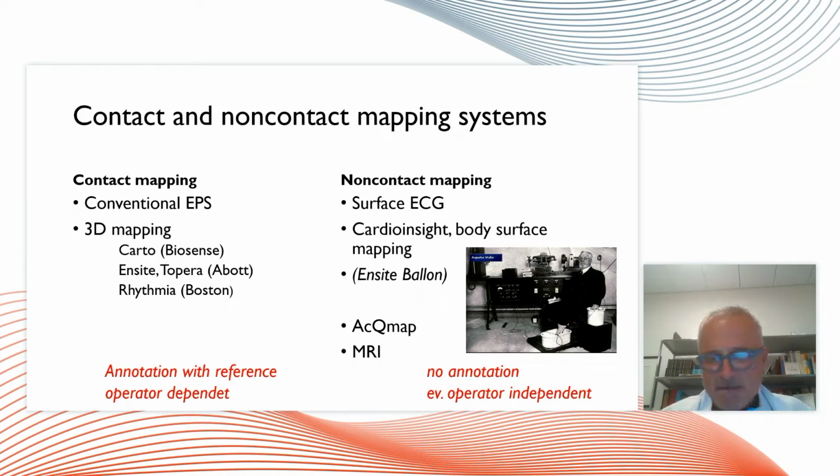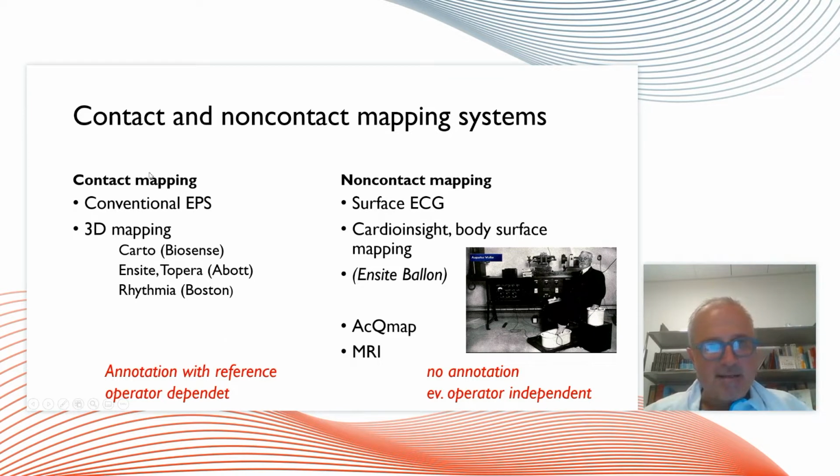We will see. On the other hand, the contact mapping systems, they are since 1948 the conventional electrophysiologic study, and then 3D mapping systems, which add up the information that you get with the catheter in the heart.